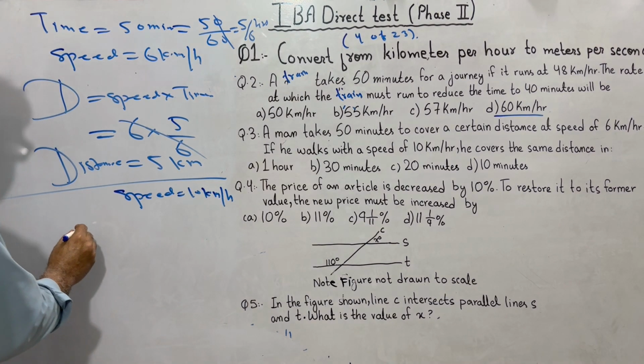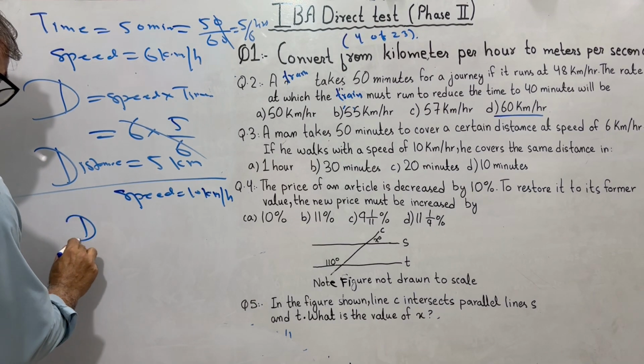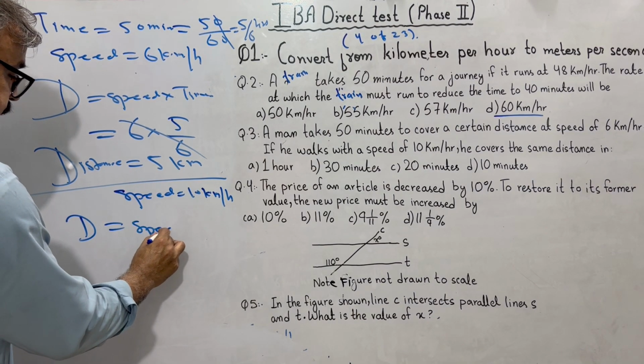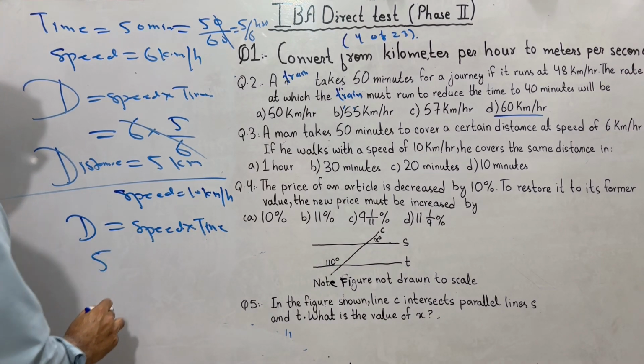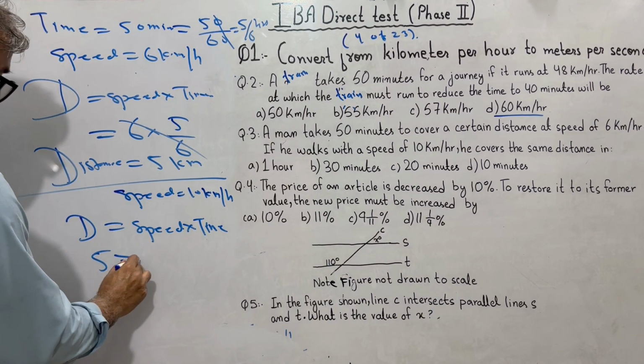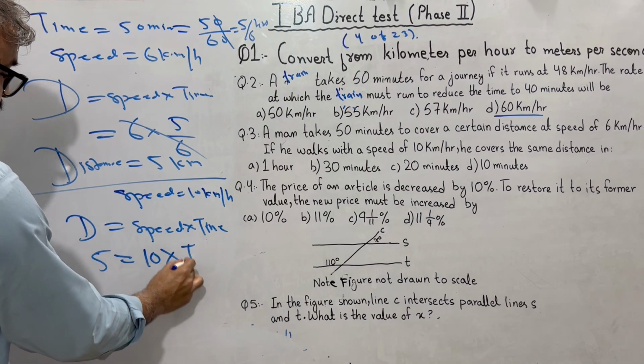We have to find time. Distance is given by speed times time. Distance is the same, 5, in both cases. Speed has changed from 6 to 10. We are interested in time.